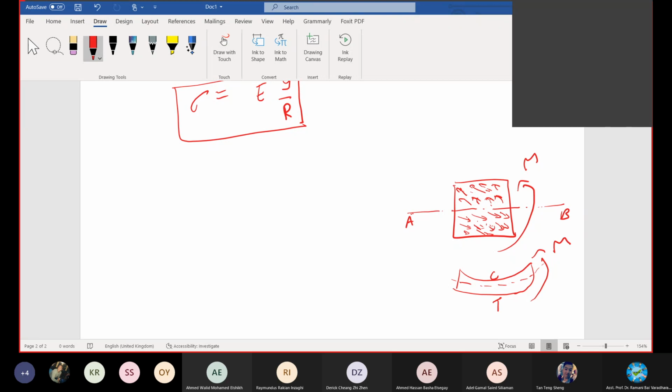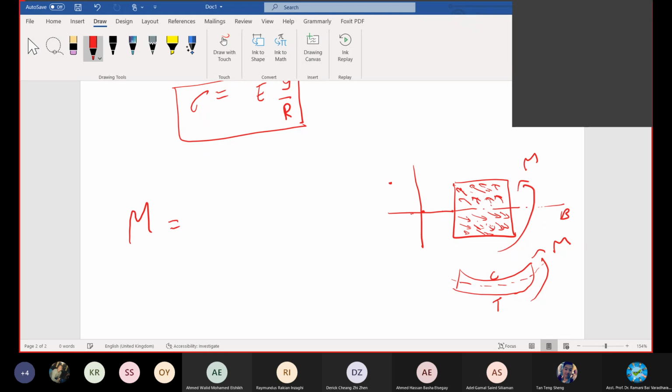Let's find out how much is the M value. How do you find out? M is equal to, you see here there is a variation between up and down. When you draw the diagram from here to here, graphically if you represent, I put the line here. When you graphically represent this point, it is going inward, right?